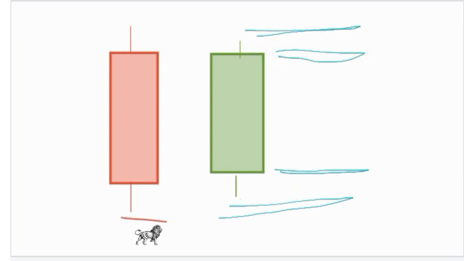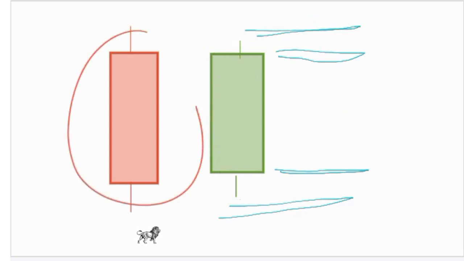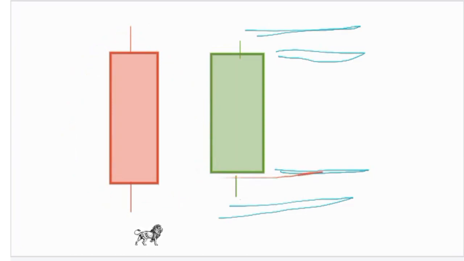So this point is still the low. This is high. This is low. The difference between the bullish candle and the bearish candle is that the bullish candle opens at the bottom and closes at the top. You get it?